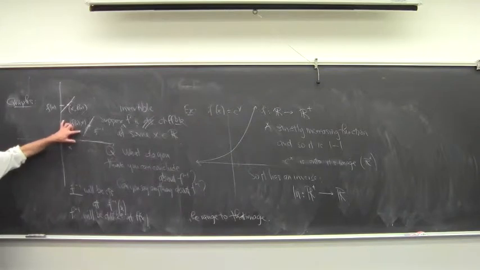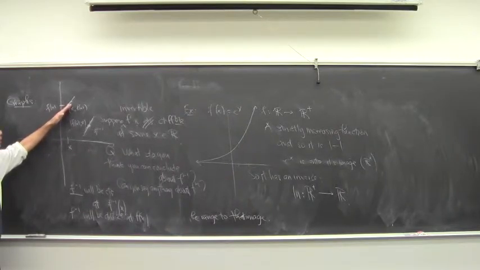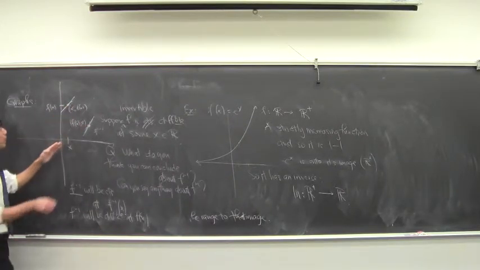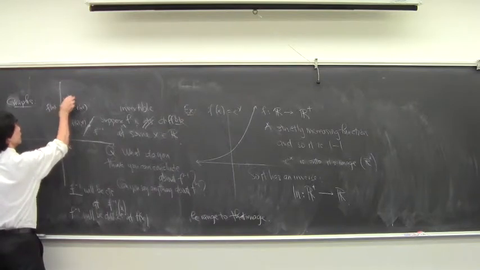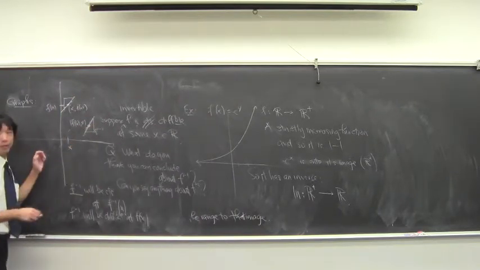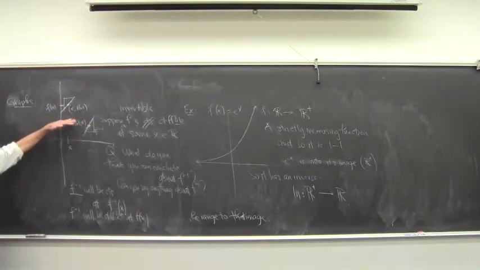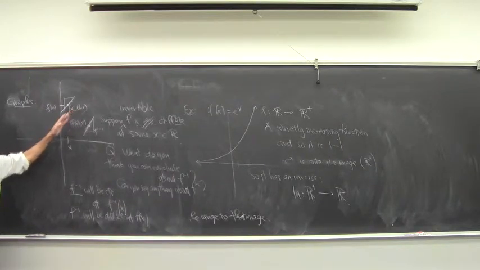Yeah, perfect. So in fact, there'll be a relation between these slopes. You've taken this triangle and changed it into this triangle, right? So the slopes are going to be reciprocals of each other.